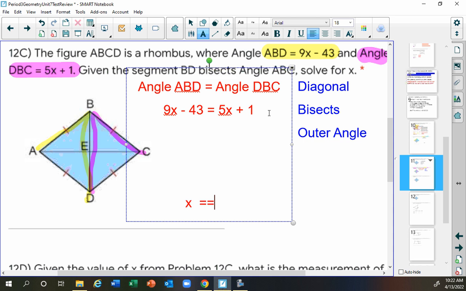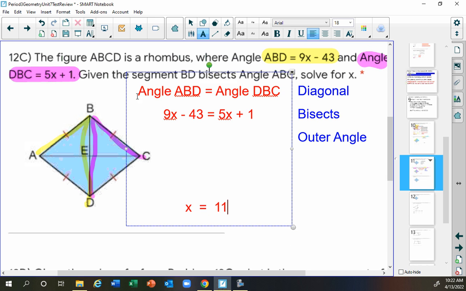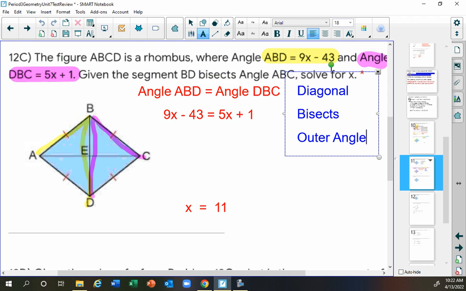All right. X is 11. So 12C, set them equal. The diagonal bisects the outer angle. Set those two outer angles equal. And then the result, x is 11.